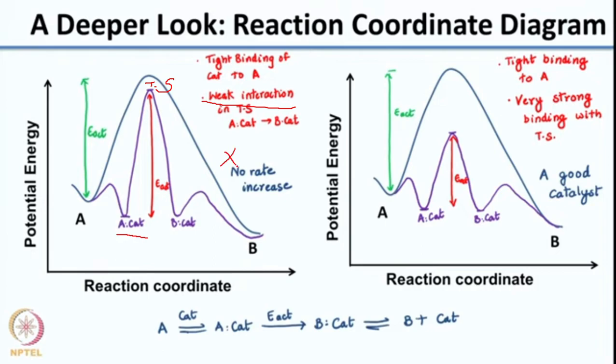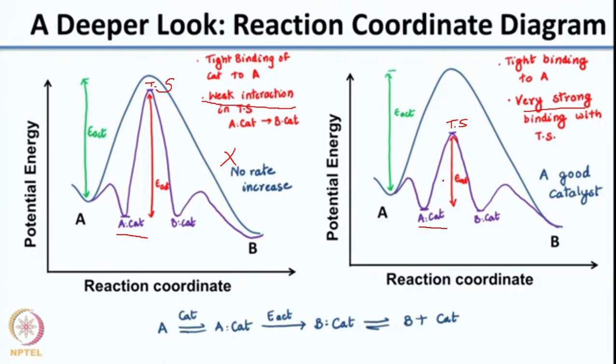That means this is also not a good catalyst. Now talking about the fourth case, you can see tight binding of A is there. The A catalyst bond is very strong, and along with this, very strong binding with the transition state is also there. That means this transition state is more stable, right? Strong binding means more stability. Because of more stability, the activation energy will become lower.